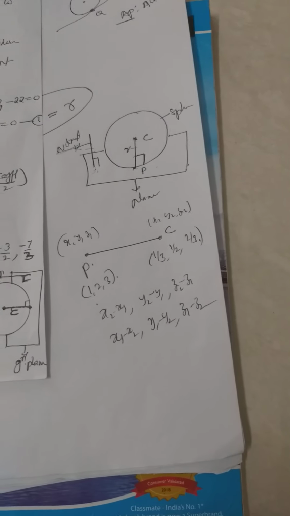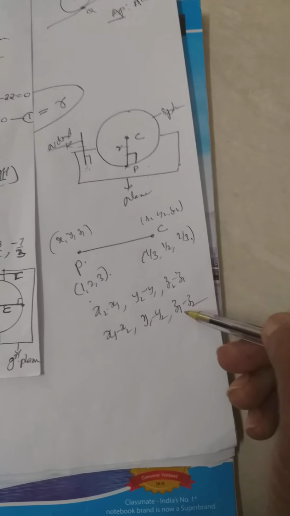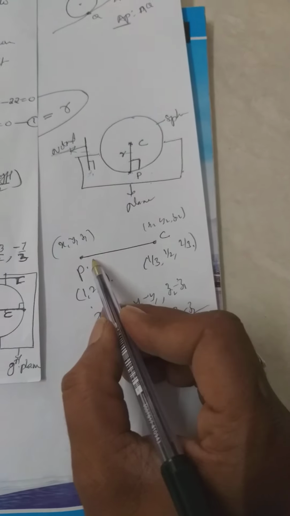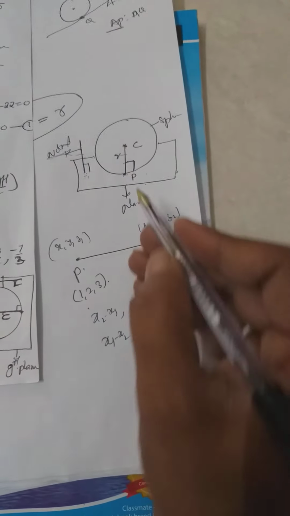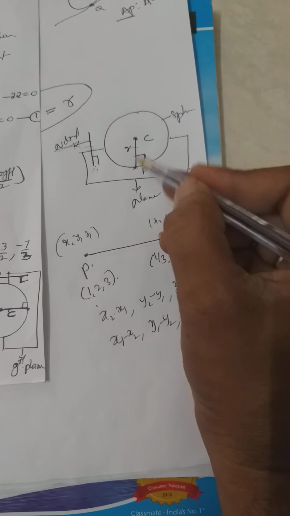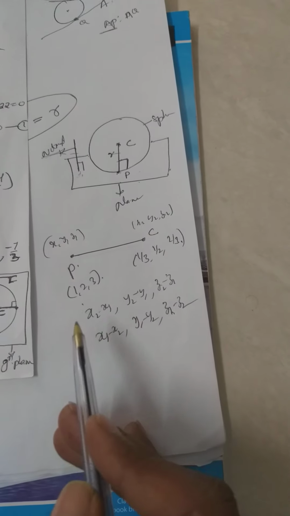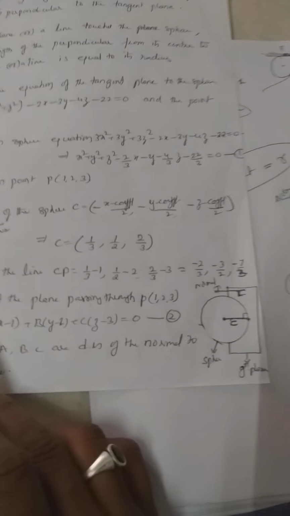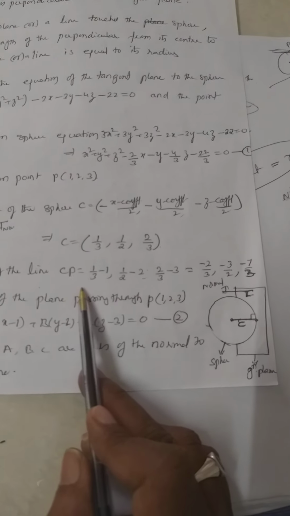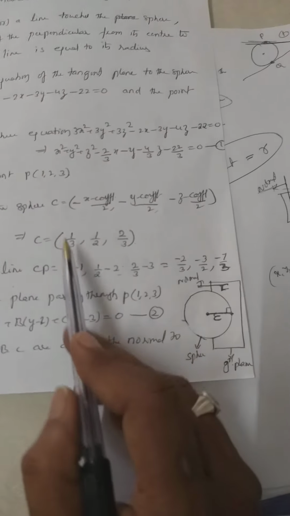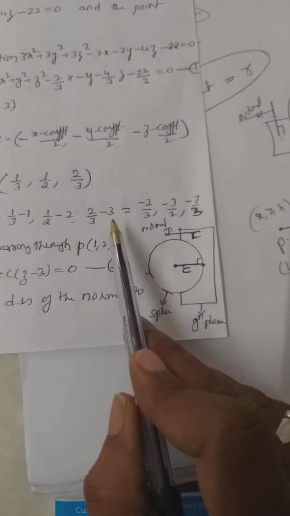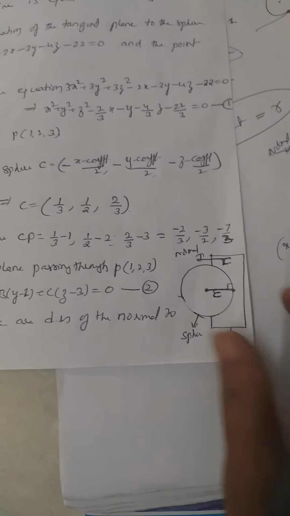Either you can use this formula or that formula. Now here, first we have to find the direction ratios of this line. Here the direction ratios of the line CP are this minus this: 1/3 minus 1, 1/2 minus 2, 2/3 minus 3. Now we got the direction ratios.